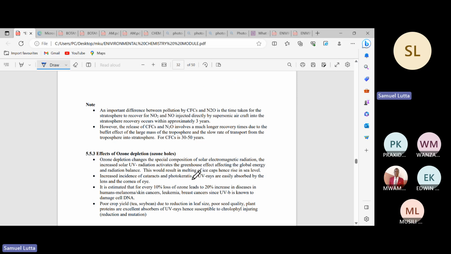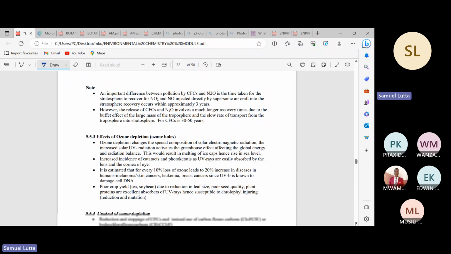Now, we need to know that when you release the CFCs and the NO2, they will tend to affect the concentration of ozone in the atmosphere.